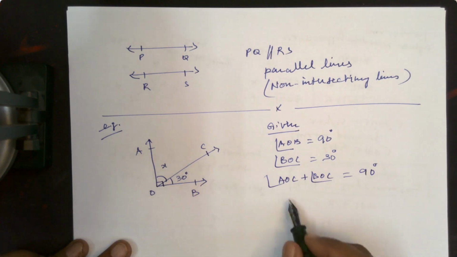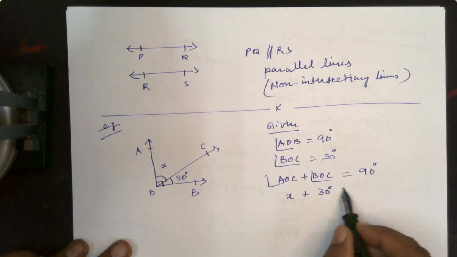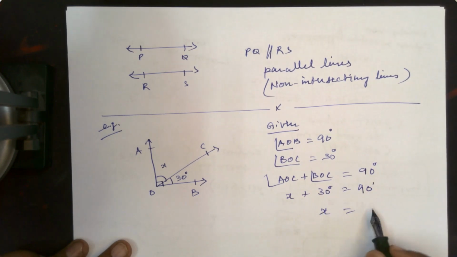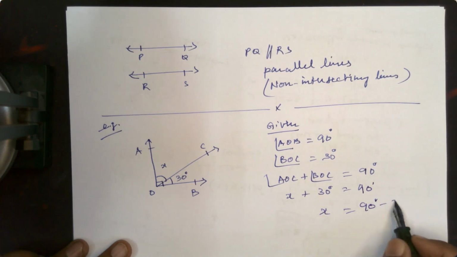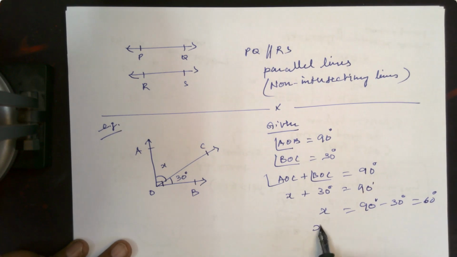So what is AOC? X. What is BOC? 30 degrees. Therefore 90 degrees minus 30 degrees is equal to 60 degrees. So we can declare X as 60 degrees.